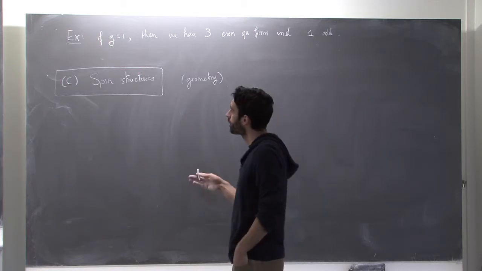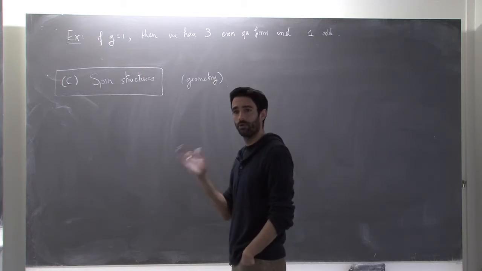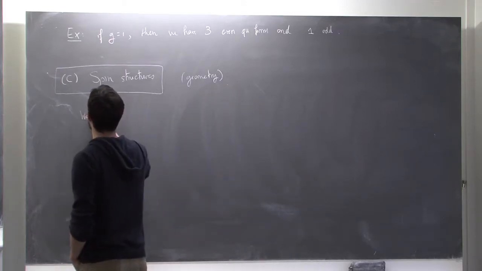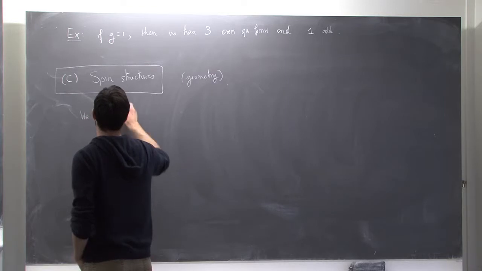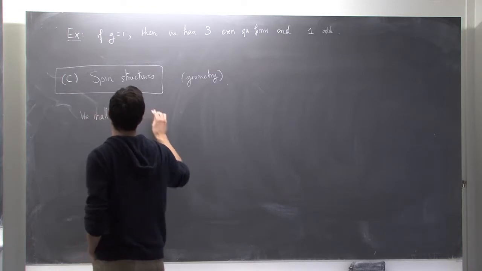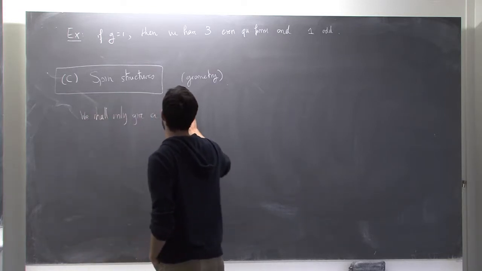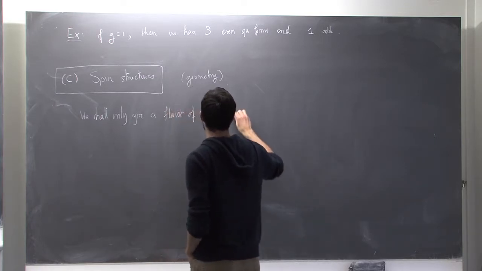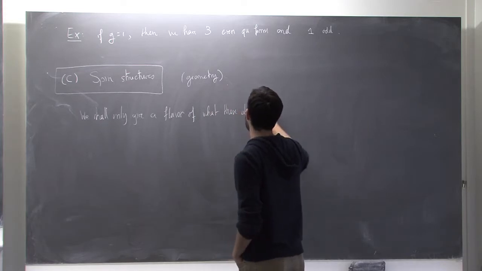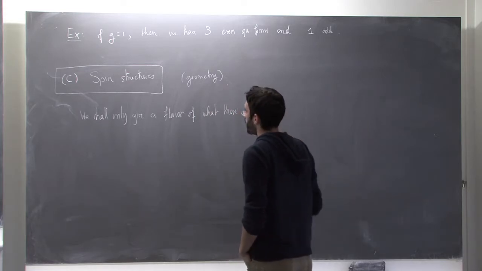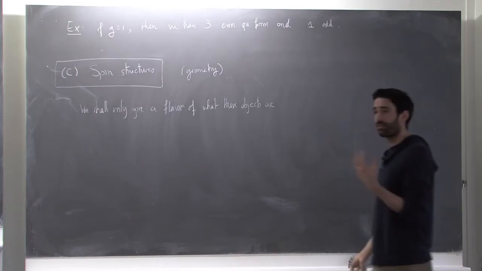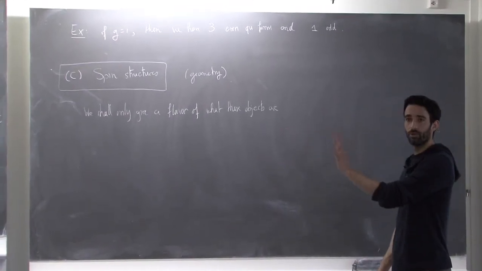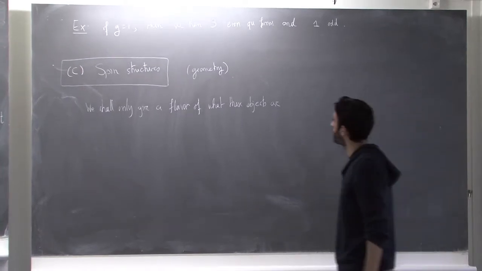So I'm not going to give you a precise definition, but I'm going to give you an idea, a flavor of what these objects are. But as it turns out, spin structures on surfaces are very easy to understand because they're given by quadratic forms on the homology. That's going to be the punchline.